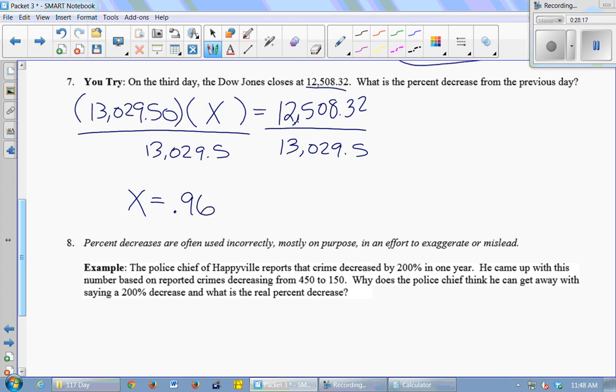So 0.96 represents 96%, right? So that means that I took 96% of 13,000 to get the 12,500, which means what percent did I decrease by? 4%. So this represents 96%, which represents a 4% decrease. Right? 96% means we lost 4% from our original 100.